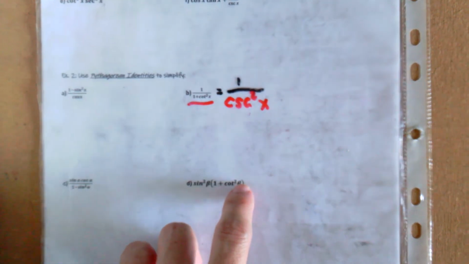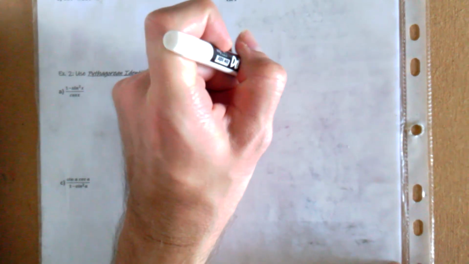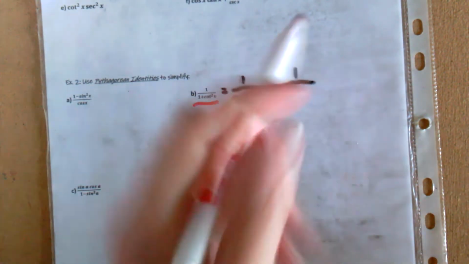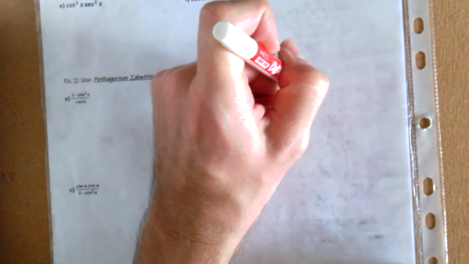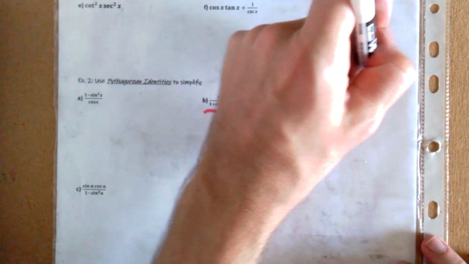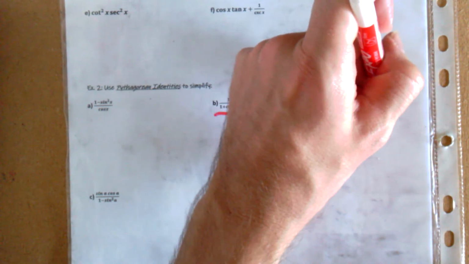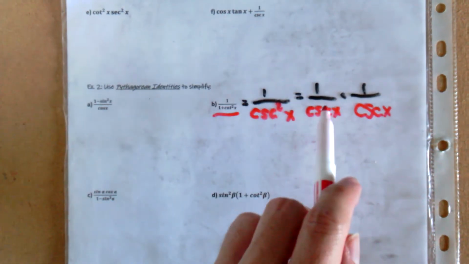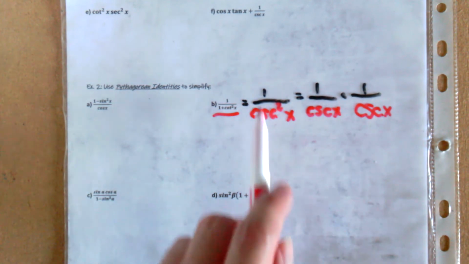Okay. And remember that we can actually rewrite this fraction as 1 over cosecant times 1 over cosecant, because 1 over cosecant times 1 over cosecant is the same thing as 1 over cosecant squared.